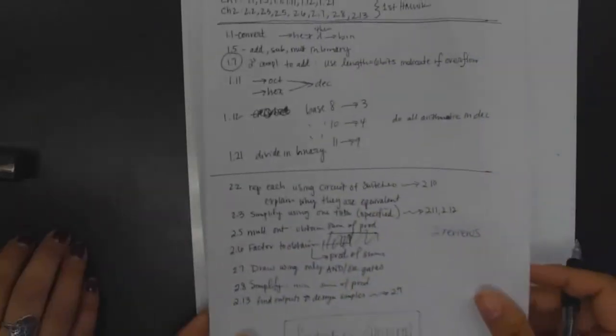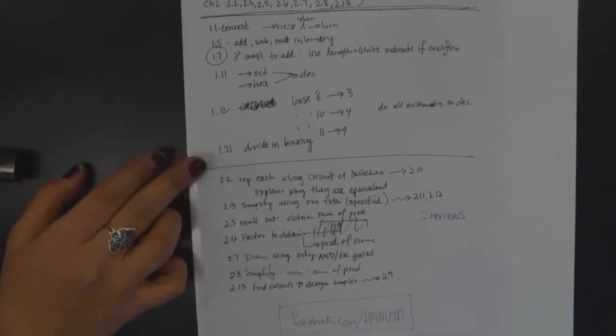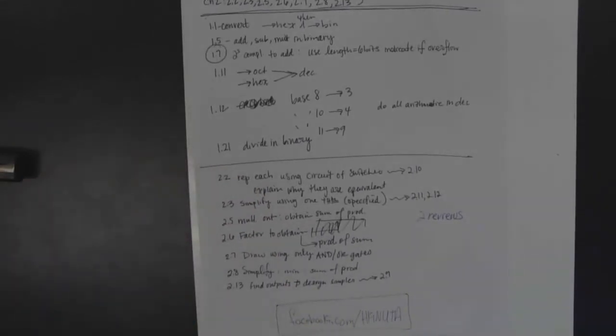So I know 2.2 says represent circuit using switches, and it looks like I wrote that number 10 has the same request. So we will do 2.10.